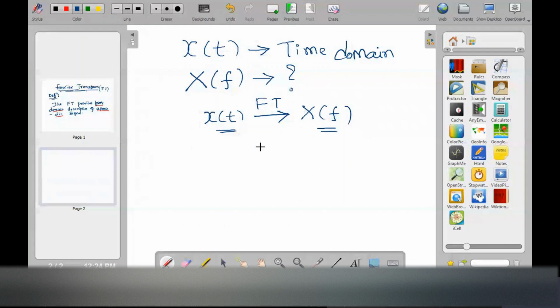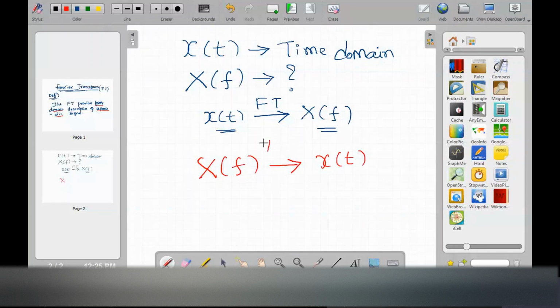Suppose I do the same thing in reverse order, that means I know x of f and I want to calculate x of t. This phenomenon is called the inverse Fourier transform. What is the meaning of IFT? It's the inverse Fourier transform.